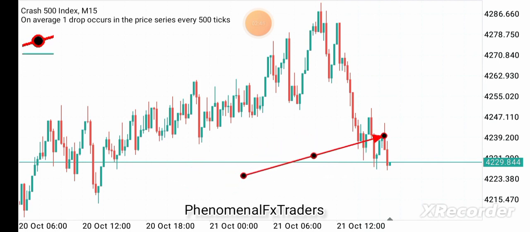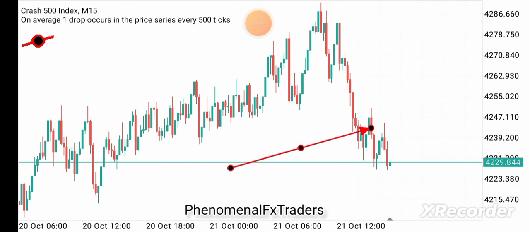On the 15 minute time frame, if you see this, the market is going to go a little bearish. If you are seeing this on crash, it means the market is going to spike. The next candle must have a spike. Within the next 15 minutes, you should be able to catch a spike. That is what it means.